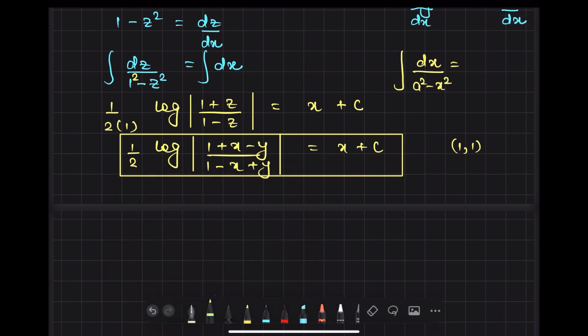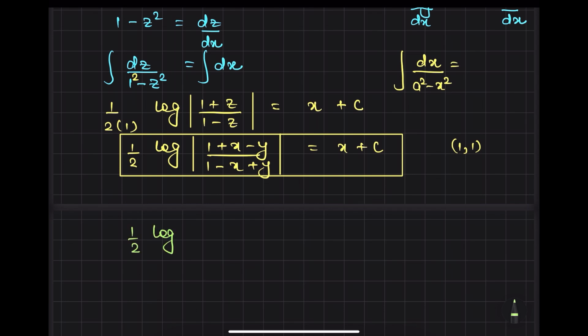Look at this. Can I write 1 by 2 log of (1 plus 1 minus 1) upon (1 minus 1 plus 1) is equal to 1 plus c.